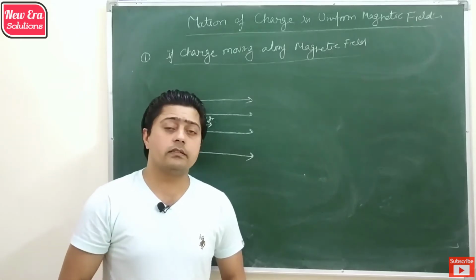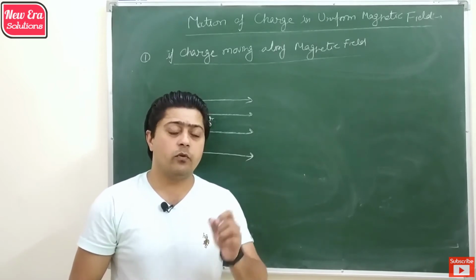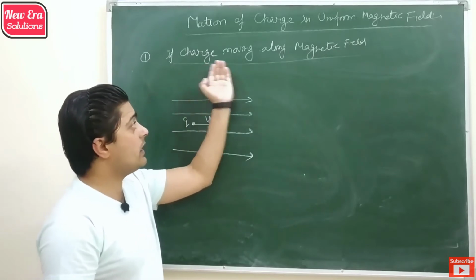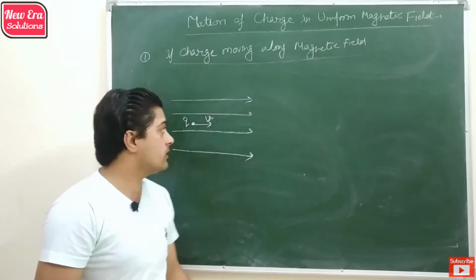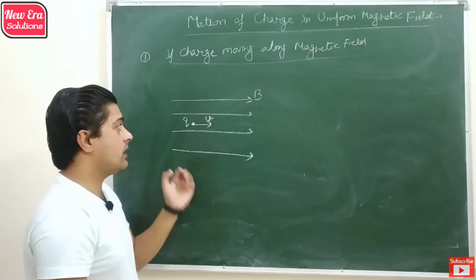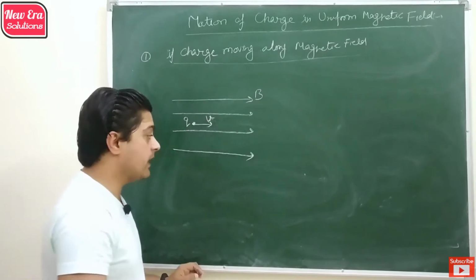Now let's discuss the motion of a charge in a uniform magnetic field, for which we take the first case in which a charge is moving along the magnetic field. So there is a uniform magnetic field B and a charge Q moving with a velocity V along the line of the magnetic field.